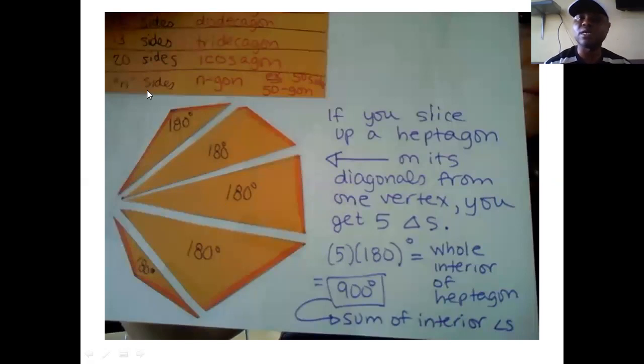We all know it's 180. So 5 triangles times 180 gives you the whole interior angle sum of a heptagon, which is 900 degrees. Wow! Is that how we get the total sum of interior angles of a regular polygon?